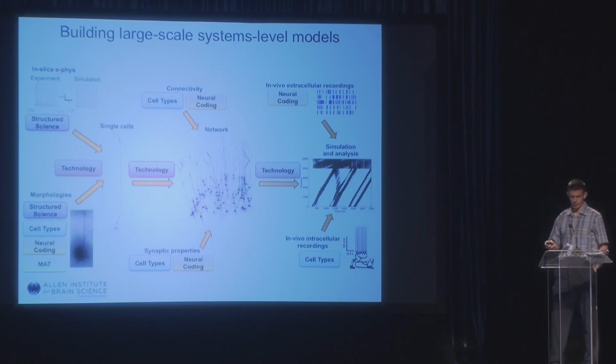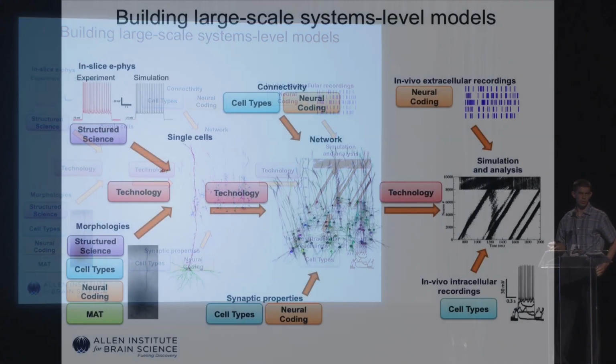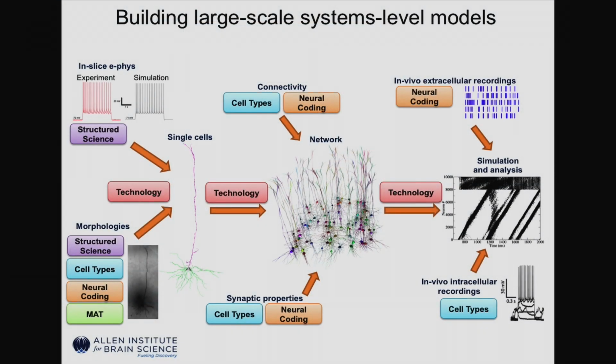Okay, so now that we heard these talks about the various beautiful experimental techniques that we are using in the Institute to characterize architecture of the brain, let me tell you a little bit about our modeling and simulation efforts, where basically we are trying to incorporate as much as possible of the experimental information collected in the Institute to develop these models to characterize brain function and activity in the brain, to create better understanding of these processes and the mechanisms underlying them.